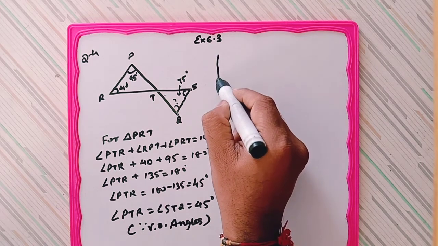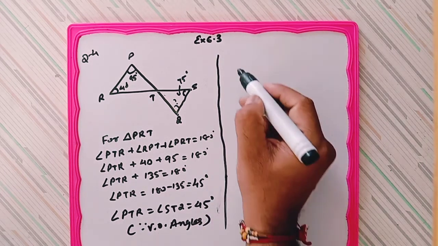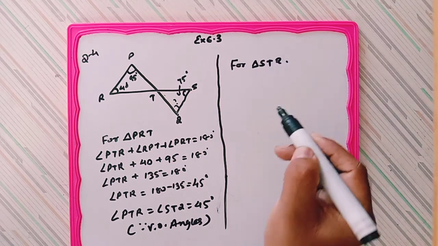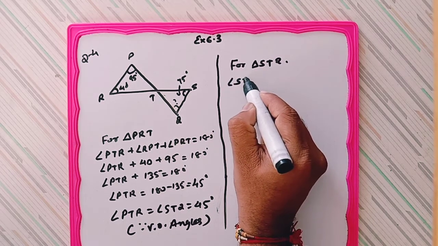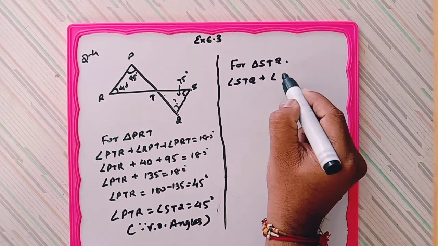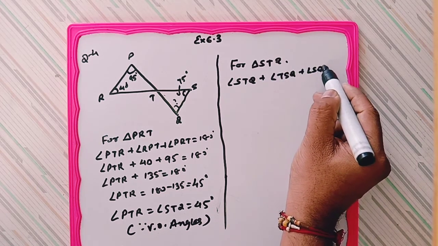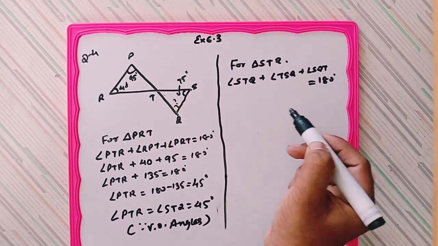And so for triangle STQ, angle STQ plus angle TSQ plus angle SQT equals 180 degrees.